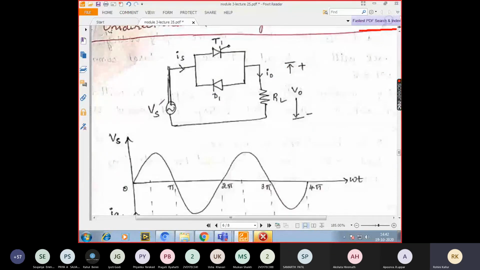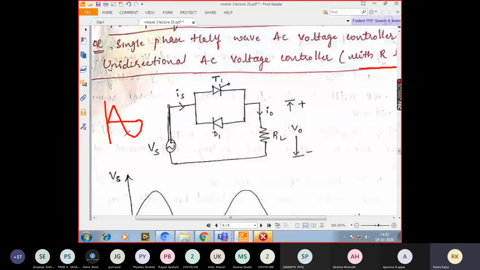So, this is Vs, which is the secondary of the transformer. You will be having a positive half cycle and a negative half cycle. During the positive half cycle, this is plus and this is minus.